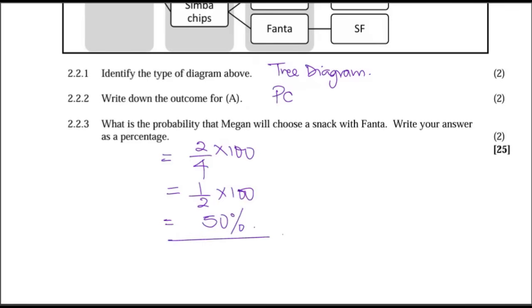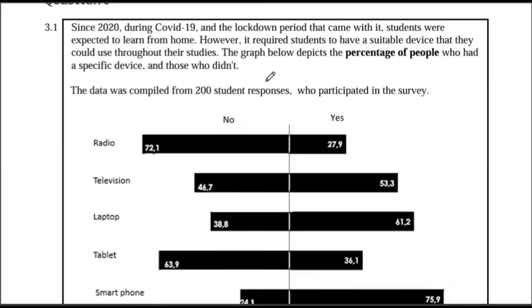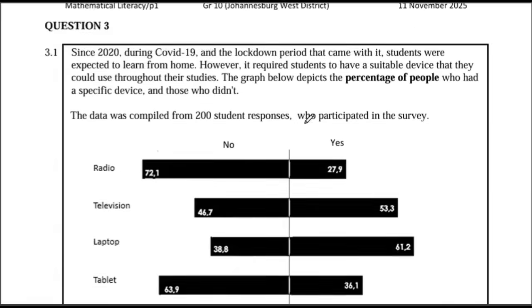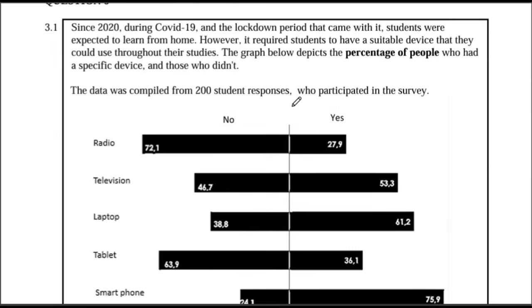Okay, that marks the end of question number 2. Let's look at question number 3. Since 2020, during COVID-19 and the lockdown period that came with it, students were expected to learn from home.